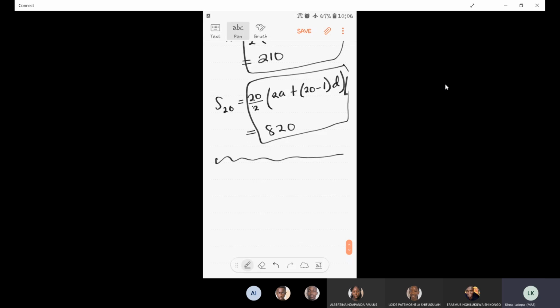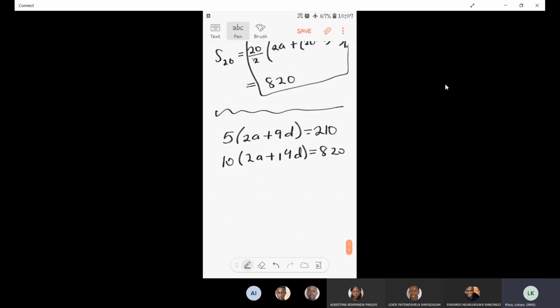So when I simplify the first one, I have 5 times (2a plus 9d). This is equal to 210. And the second one, I have 10 times (2a plus 19d), and this is equal to 820. Then I can still simplify further.